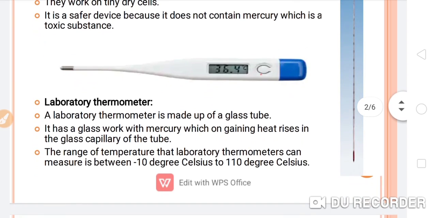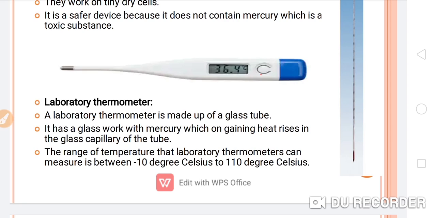Now we are going to discuss the second type of thermometer, that is the laboratory thermometer. A laboratory thermometer is made up of a glass tube. You can see in this picture there is a long glass rod, that is a glass tube, and it has a glass bulb with mercury inside it, which on gaining heat rises in the glass capillary of the tube.